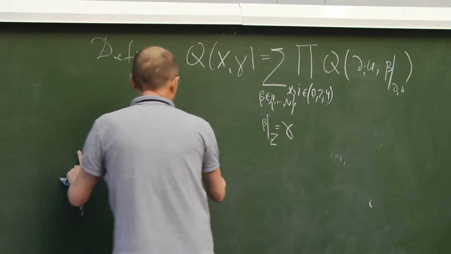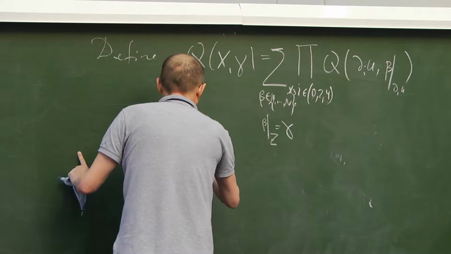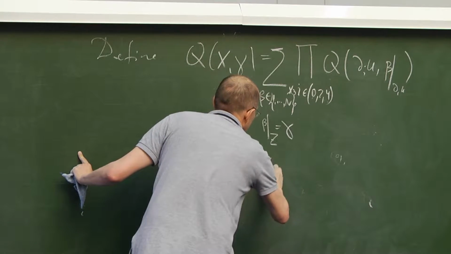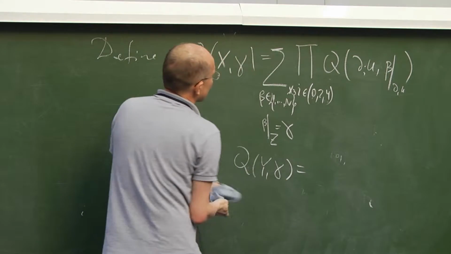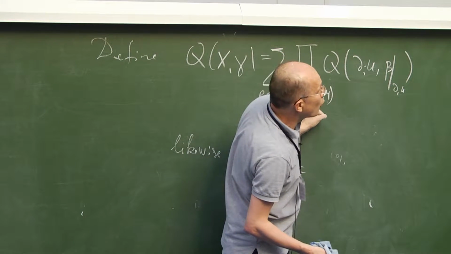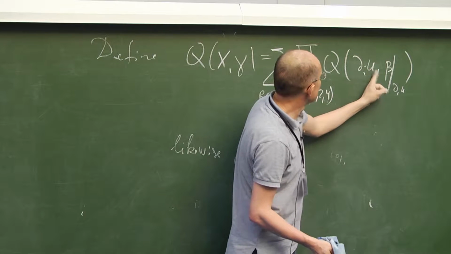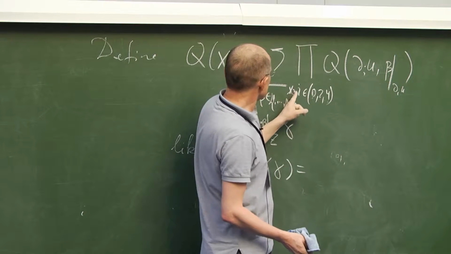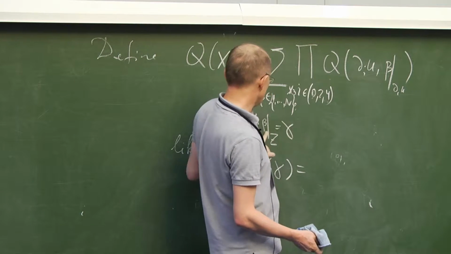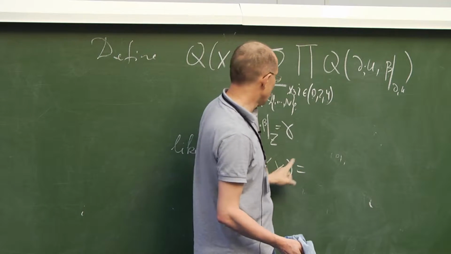That's the thing, and likewise q of Y, gamma: the same formula, but the product over i running over 1, 3, 5, and beta mapping Y_3 to the same set with the same restriction, because the boundary is common.